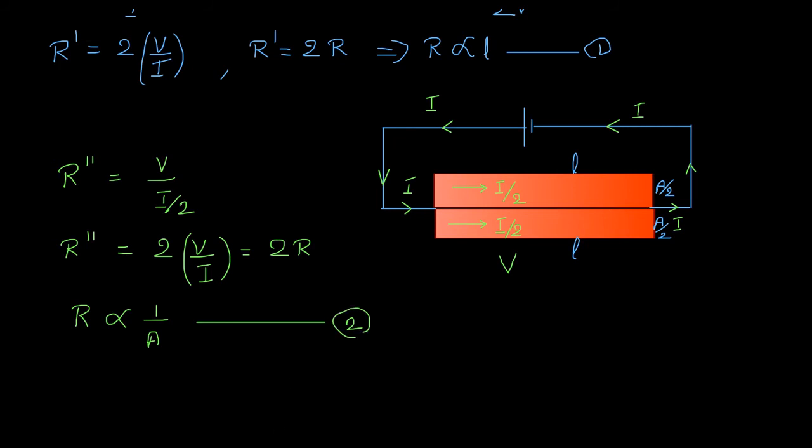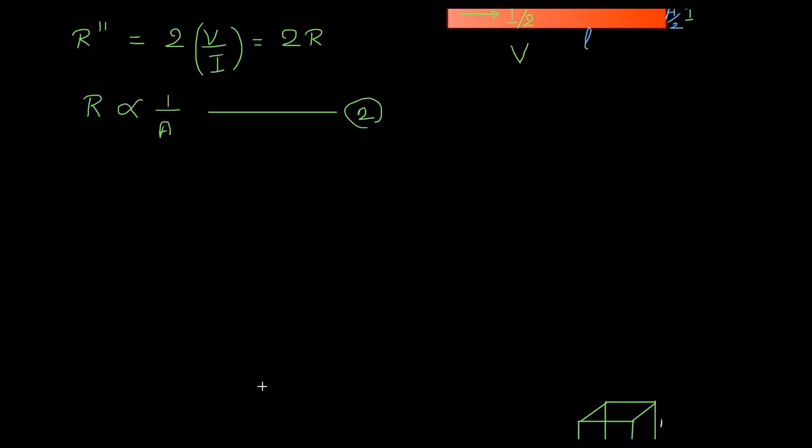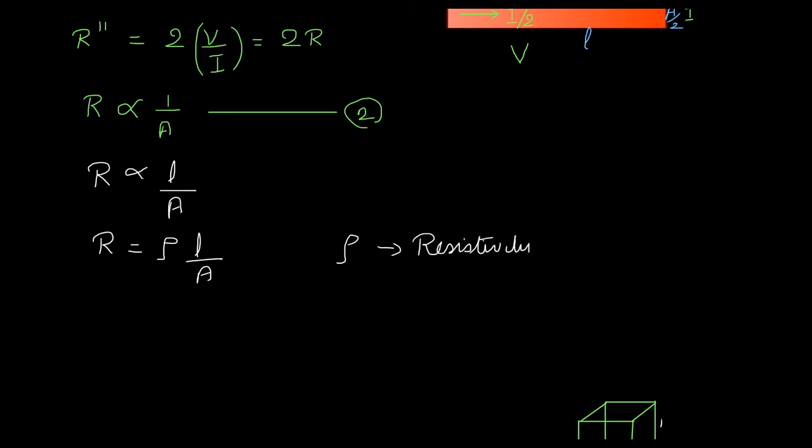Now if we combine equations 1 and 2, we get R proportional to L by A, or R equal to a constant into L by A, where the constant rho is called resistivity of the material of the conductor.